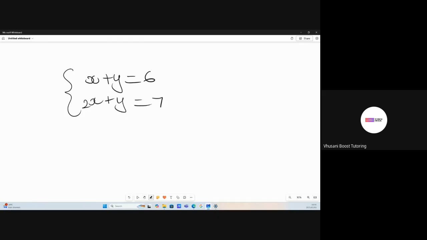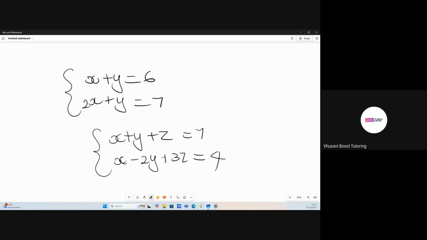You will have an additional variable, like x plus y plus z is equal to 7. And then maybe x minus 2y plus 3z is equal to 4. Then maybe we have another line that says x plus 2y minus 4z, right?